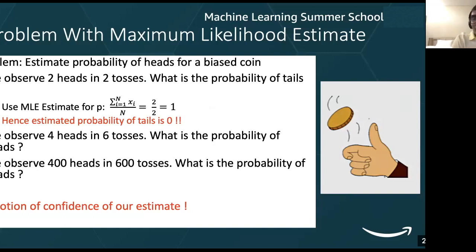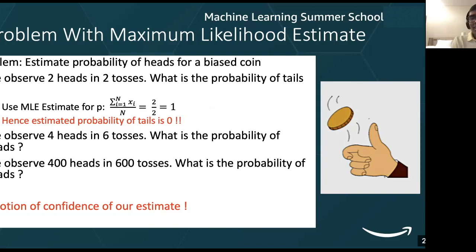Is this so? This of course is grossly incorrect, right? Even a lay person would be able to tell you that you haven't really conducted sufficient trials to get the accurate probability in this particular instance. If you, let's say, observe 400 heads in 600 tosses, then you're way more confident of your estimate of the probability of heads compared to conducting just 2 trials.